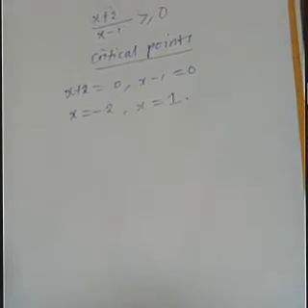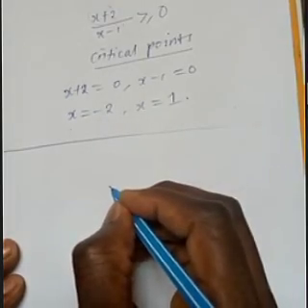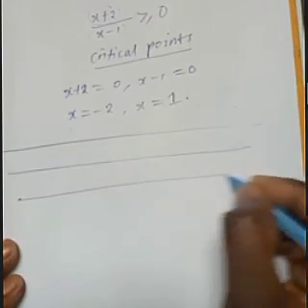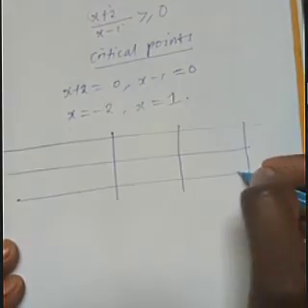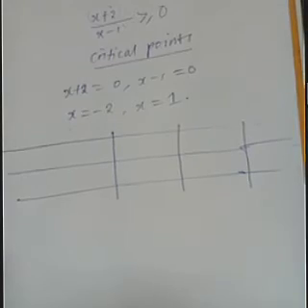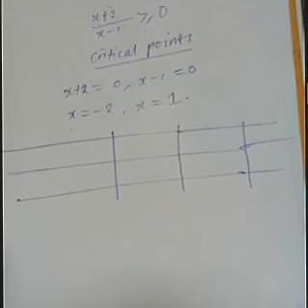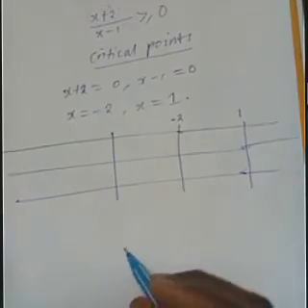Sign graph. Look at the sign we are using: greater than or equal to, so we focus on the part of a positive overall sign. That's the rule. So here we are going to have -2, and that side we're going to have 1.